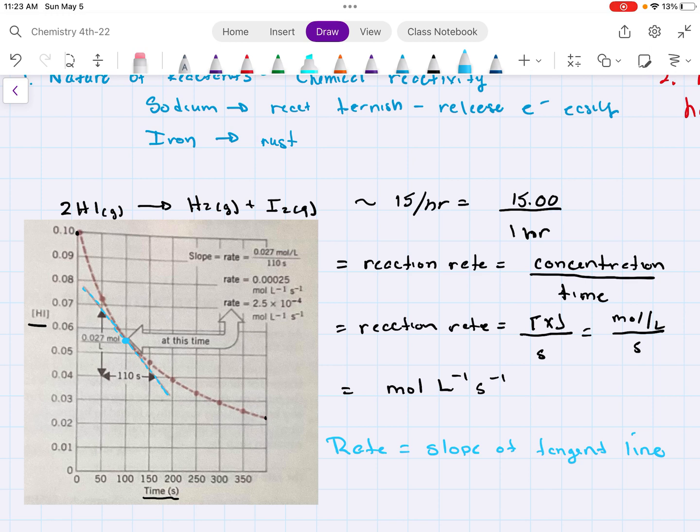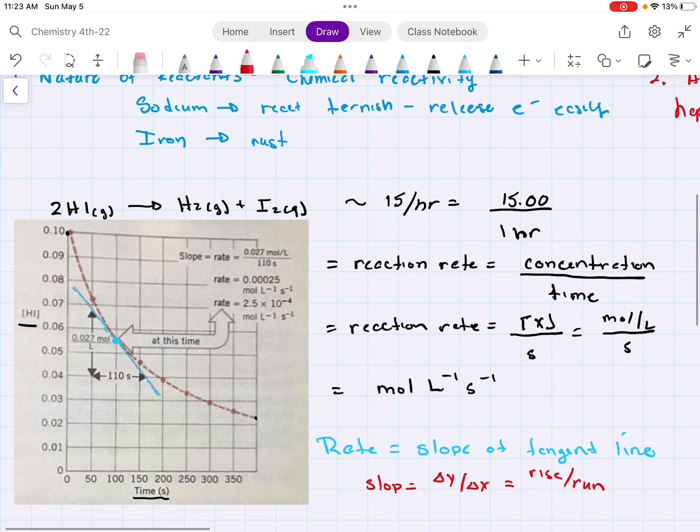Now, if we take a look at this function and we draw this line, we can calculate the slope of this line. Remember that slope is equal to change in y over change in x, right? To simplify this, it's basically just rise over run.